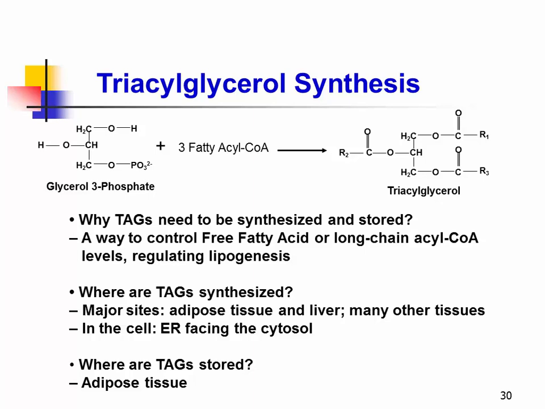Metabolically active means they can regulate some enzyme activities or pathway activities. We don't want this kind of activity happening. So one important way is to synthesize triglyceride, to put fatty acids in a less active compound to store in the cells.